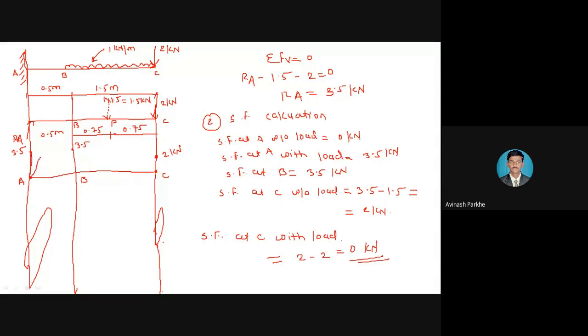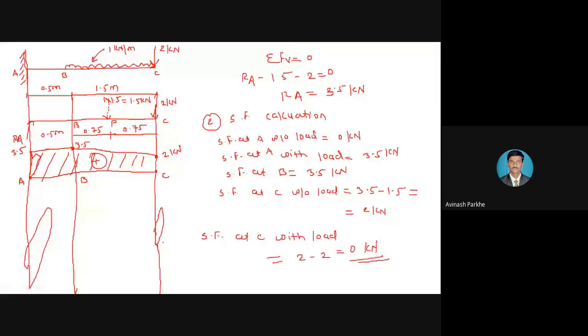Then the points between A and B will be joined by a horizontal line. Then points B and C will be joined by an inclined line, because in the portion between B and C your UDL is present, so automatically you will get the inclined line. And this particular figure represents your shear force diagram. The shear force diagram will be present in the positive region only, that is on the upper side of the horizontal line.